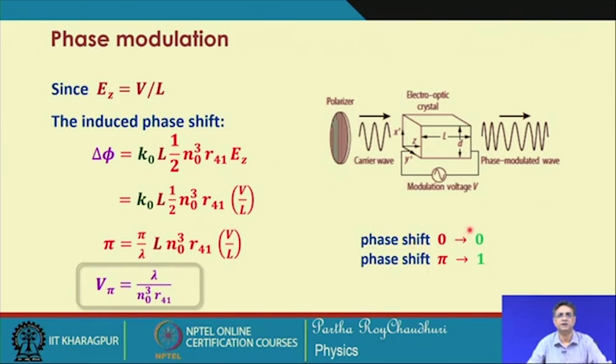So, this means that, by convention, phase change equal to 0 corresponds to 0, but phase change equal to pi corresponds to 1. So, switching from 0 to 1 requires a phase change of pi, or from 1 to 0, depending on the convention, depending on the protocol of the modulator design. Then the phase shift pi corresponds to switching of the modulator from state 0 to state 1. So, that requires a voltage V pi.